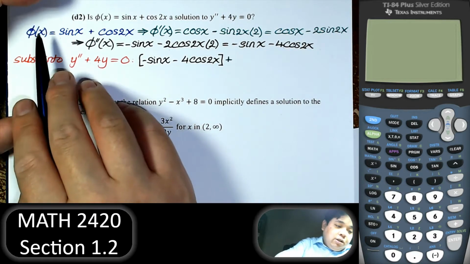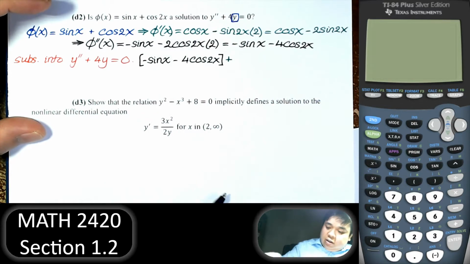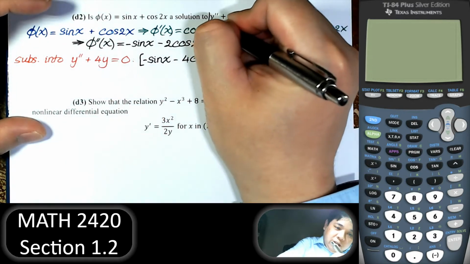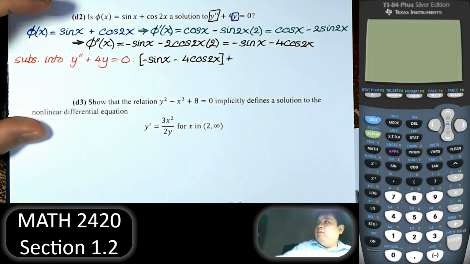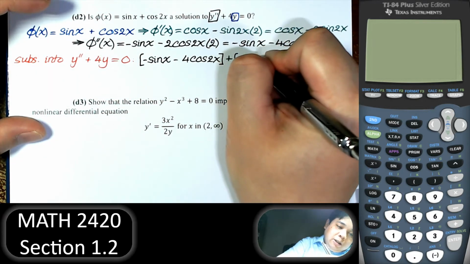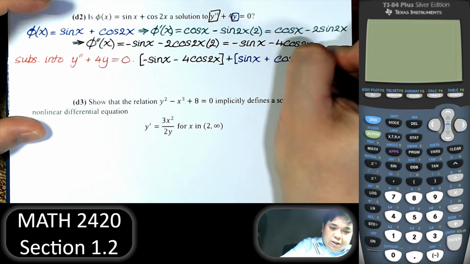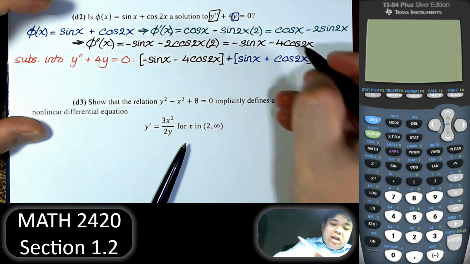And then the function, substitute the function into the second derivative: sine x plus 2 cosine 2x. Now is that equal to 0?